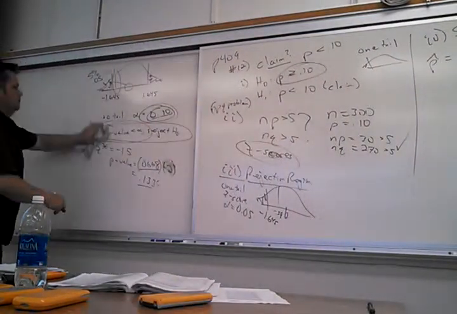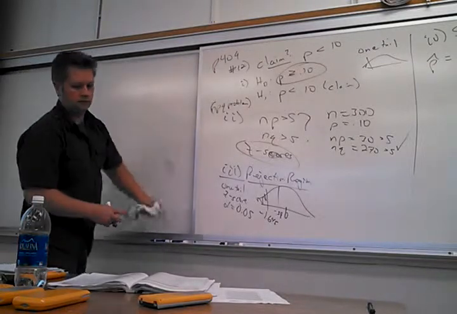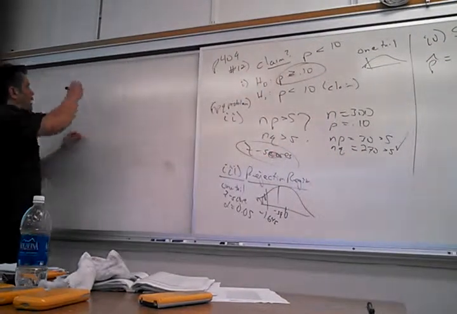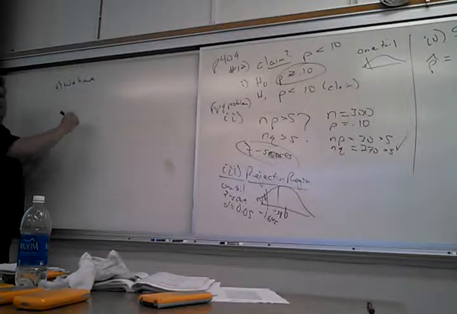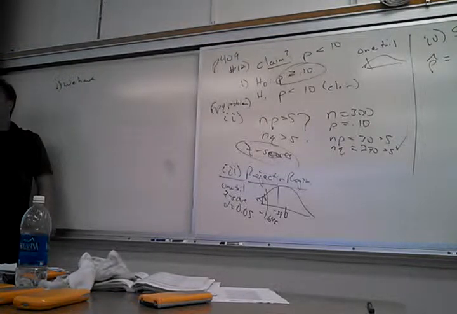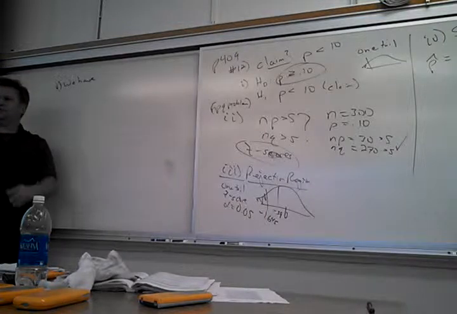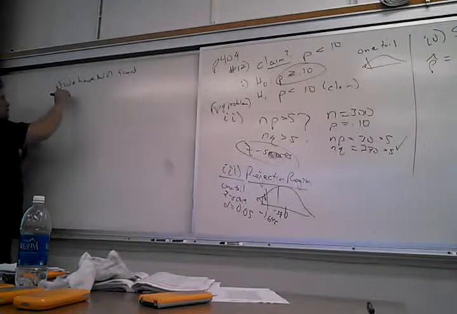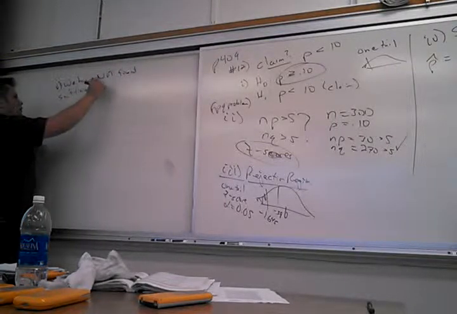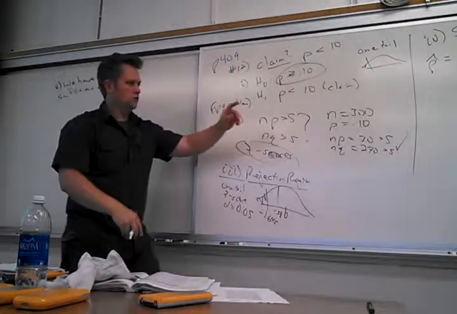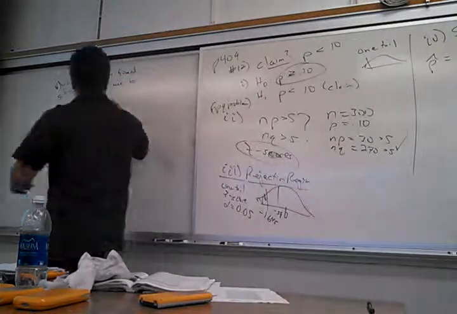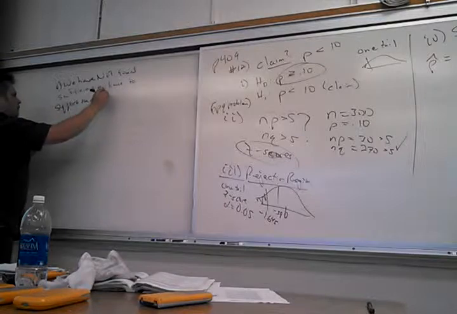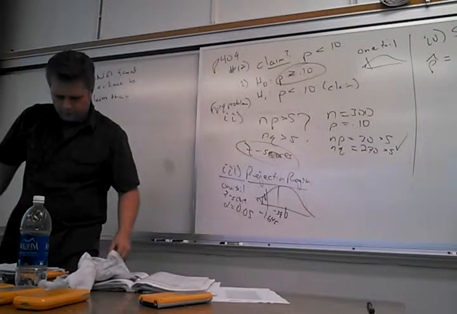So how do I write this conclusion? Which one was the claim? H0 or H1? H1. H1 was the claim, so we used this language. We failed. So we have not found sufficient evidence to support the claim that, what was the claim?